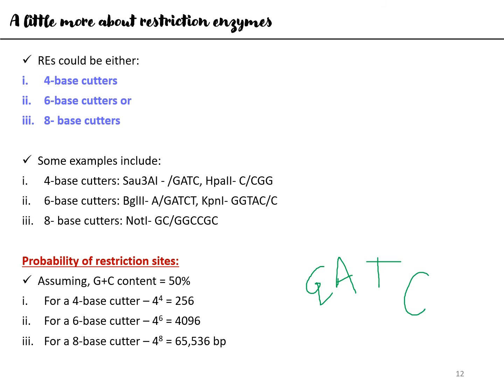Now, this point that it would be further apart is simply a probability assumption. It can be pretty close as well. So to better phrase it, the shorter the recognition sequence, the more frequent it would be. The longer the recognition sequence, the lower are the chances of it existing naturally in any DNA sequence. That is the better way of framing it.